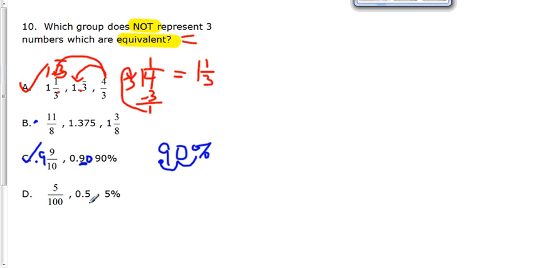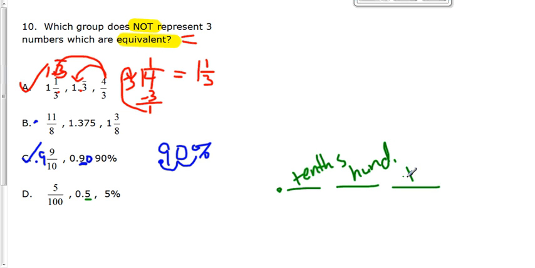Okay, looking on at D. If I look at D, this is 5/100. If I look at the middle one, that's 0.5. If I'm looking at place value, we have our tenths, and we have our hundredths, and then we actually have our thousandths.